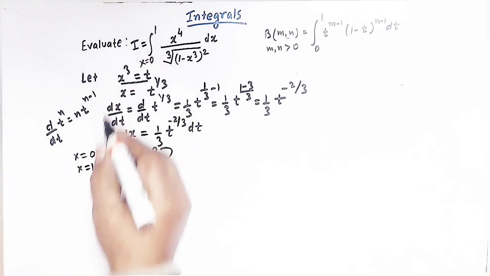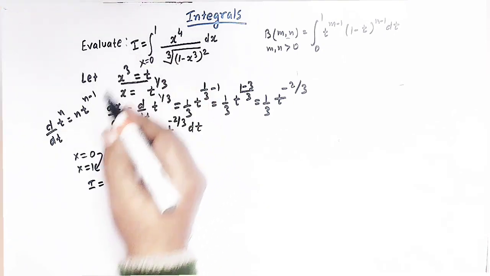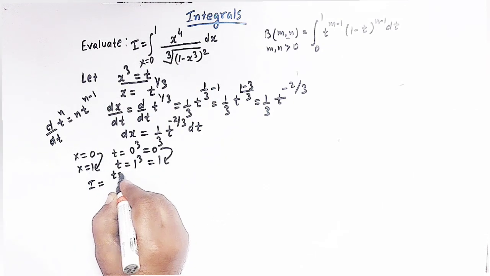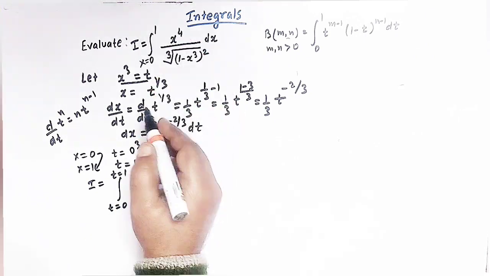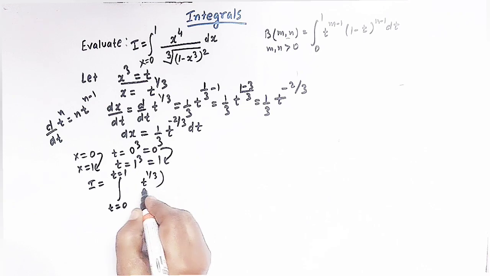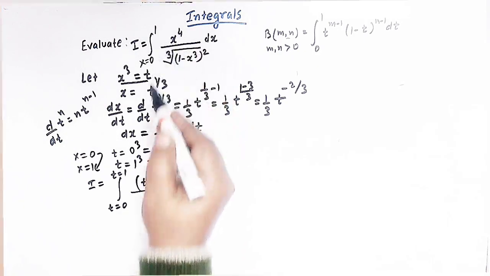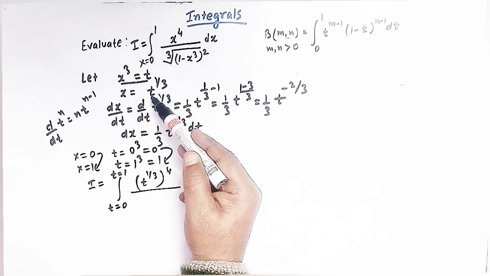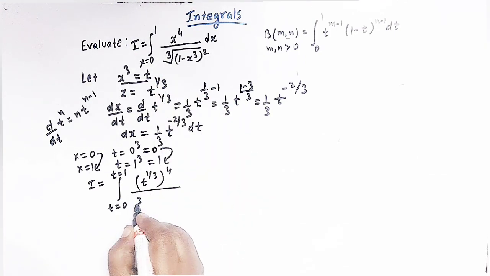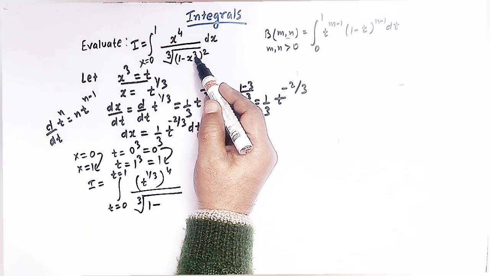So now we can easily write this integral I in terms of t. So we have t is equal to 0 to t is equal to 1, and for x we can write t raised to 1 over 3 raised to 4, and here we have x raised to 4, so taking x is equal to t raised to 1 over 3, and then we have the cube root of (1 minus x cube) square.